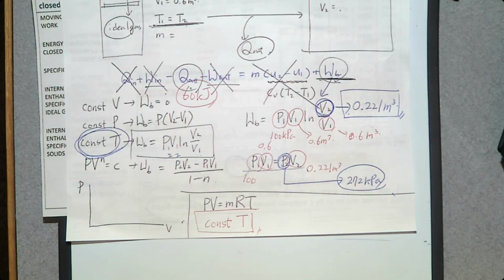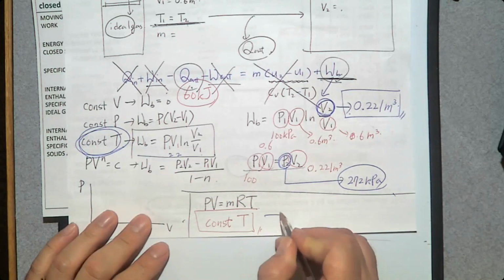Our assumption is that temperature T is constant. So whenever you have a constant temperature process, the right-hand side of this equation is constant. So no matter what volumes or pressures you find from this system, P times V should always be the same number.